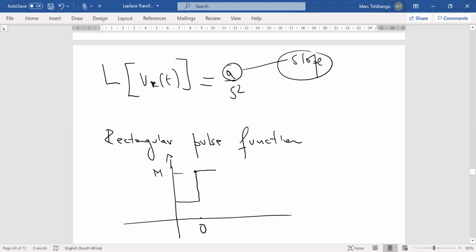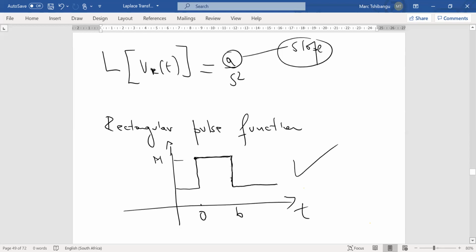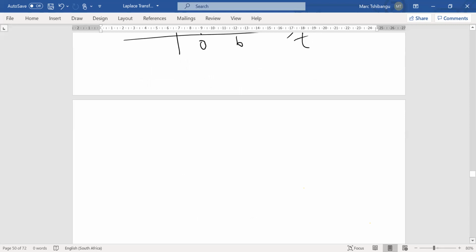You leave it open for a duration of time, let's say b, and then you close it so that the system goes back to the initial steady state. So this function is referred to as the rectangular pulse function, but we're not going to do much with it, just for your information, so you know what the other forcing function is.